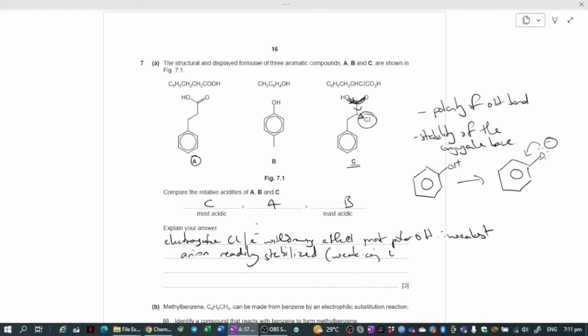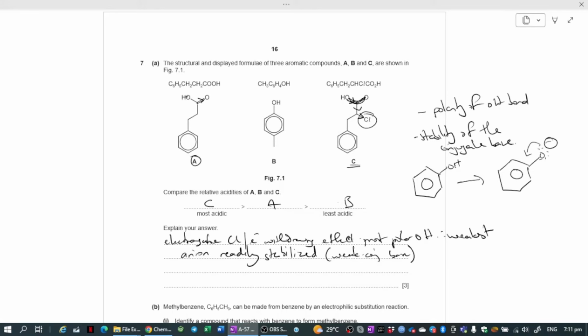Then in the case of A, we have the electron withdrawing effect of the carbonyl group, which pulls electron density away. The OH bond is polar, but it is not as polar as C, and the conjugate base is not as stable as C.